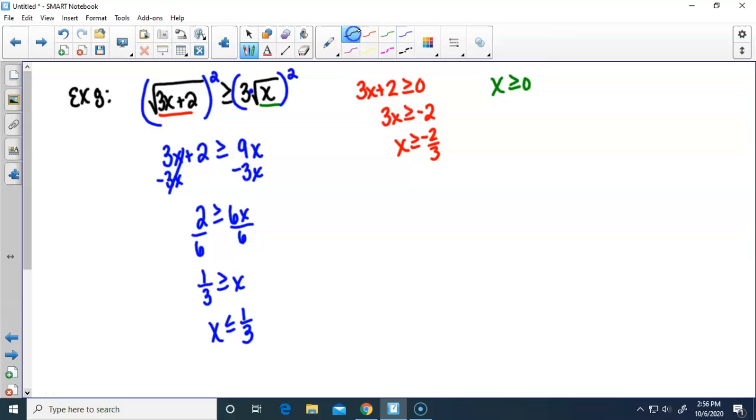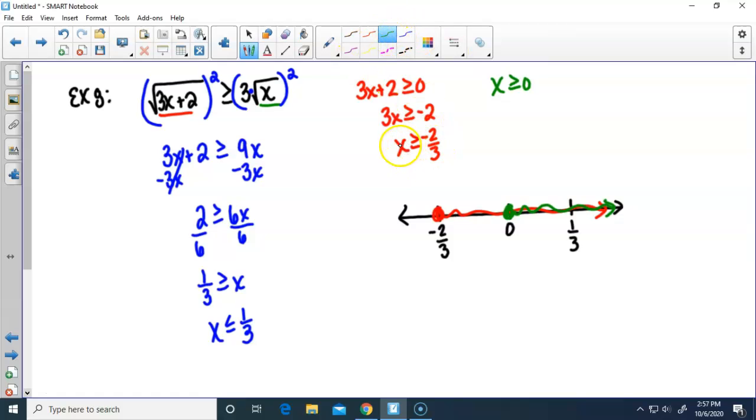So if we put this onto a number line here, we've got -2/3 would be here, 0 here, and 1/3 up here. And x has to be greater than or equal to -2/3. It also has to be greater than or equal to 0. Notice that anything that is greater than or equal to 0 is also greater than or equal to -2/3.